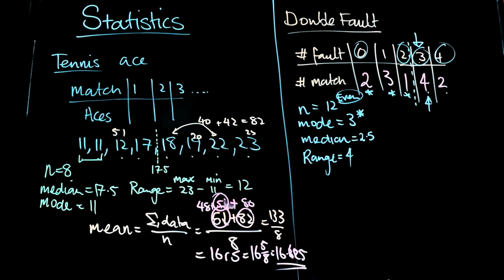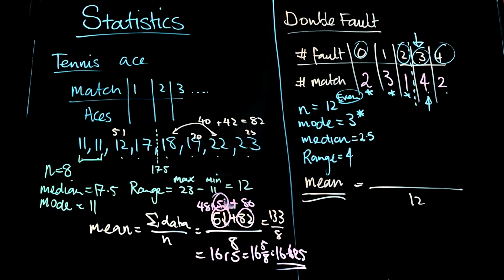Okay, so we're left with one calculation here, which is probably the big scary calculation, because we need to work out the mean. And we know that that's going to be divided by 12.